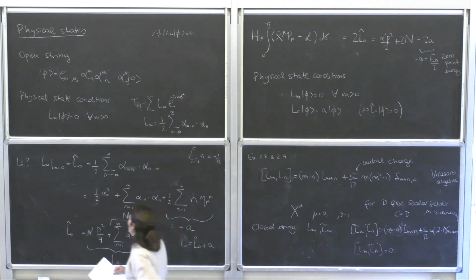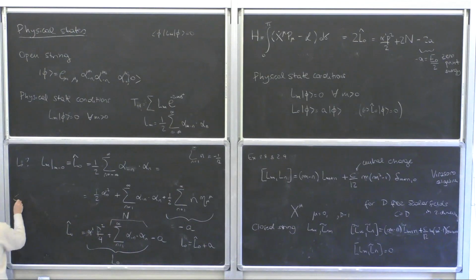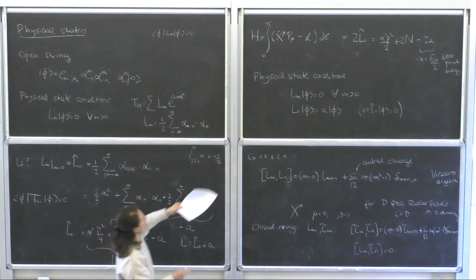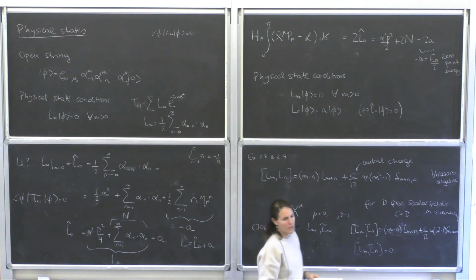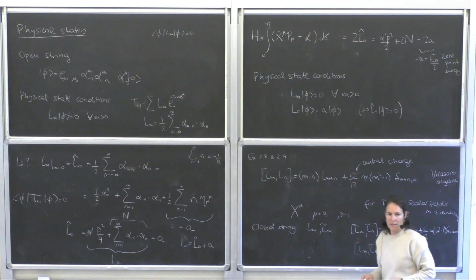What you want is really that the energy momentum tensor is equal to 0. And for this it's necessary and sufficient to require these two things. We cannot require a smaller set of constraints.